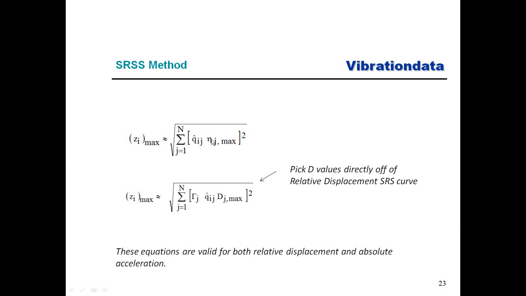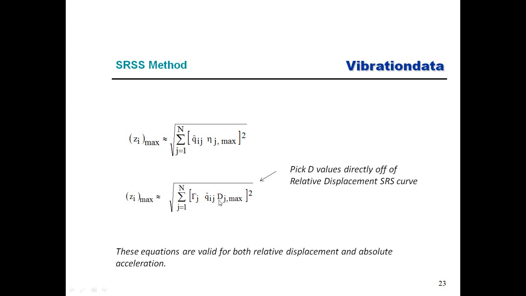So instead, we take this modal displacement and represent it in terms of its participation factor and the relative displacement that we pick off directly from the SRS curve. Then we take the square root of the sum of the squares, and that gives us our relative displacement for degree of freedom I, or in our case mass I. Again, the same pattern applies for absolute acceleration.